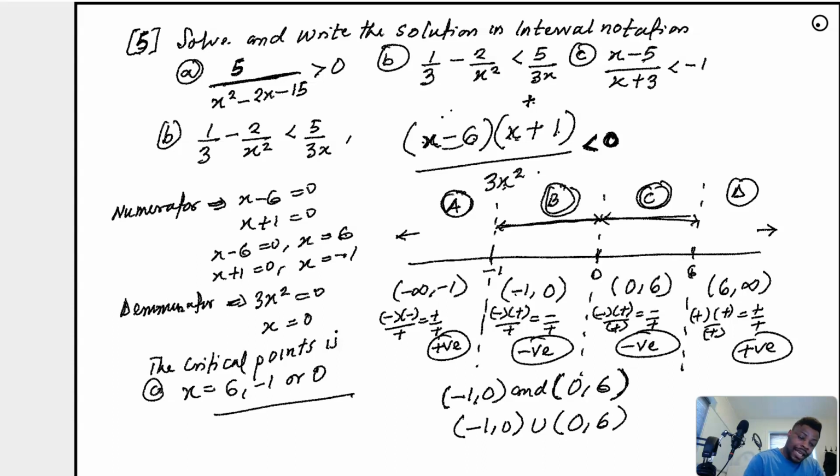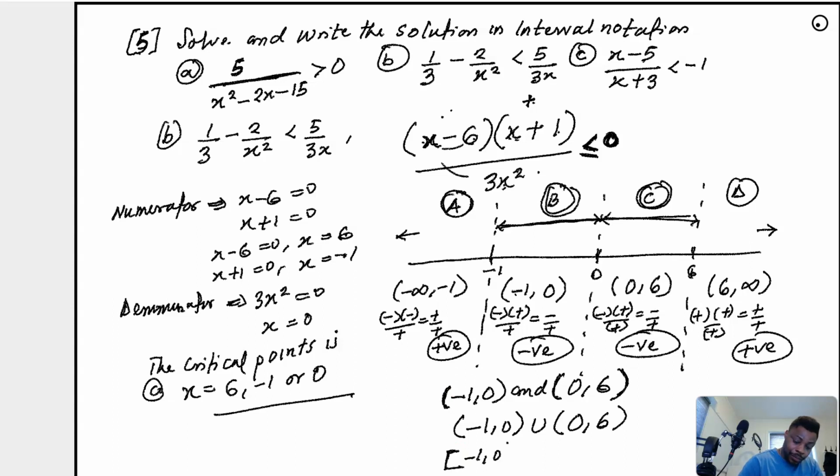In a case where maybe you have this here, which is equal to 0, and if 6 equals 0, and everything else equals 0, 0 will be equal to 0, right? So it simply means the value of x for the numerator needs to be inclusive. In that case, that means 6 and minus 1 need to be inclusive. For you to write this, it will be this bracket.